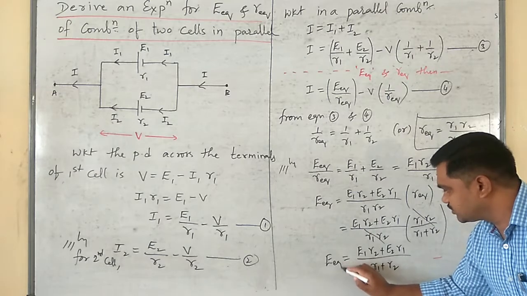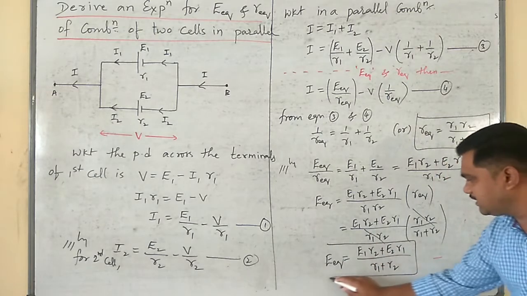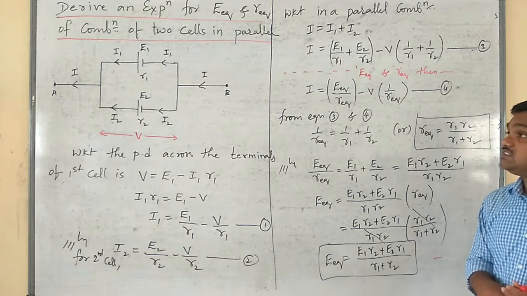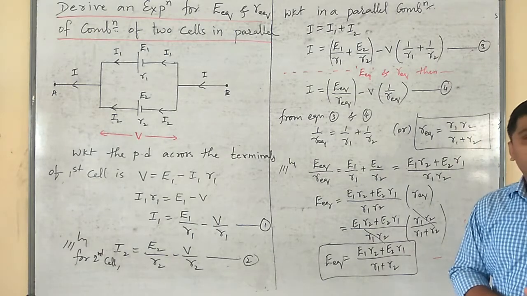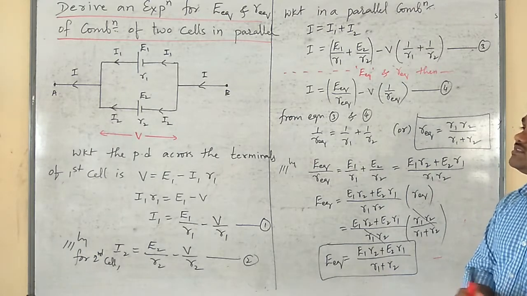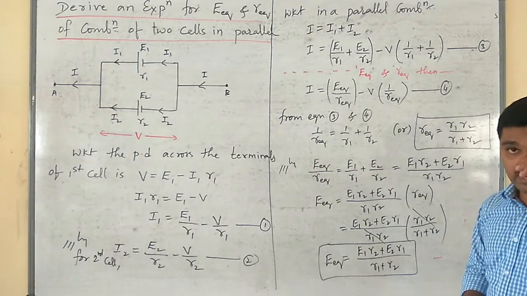This is the expression for equivalent EMF of the combination of two cells connected in parallel, and this is the equivalent internal resistance of two cells connected in parallel.